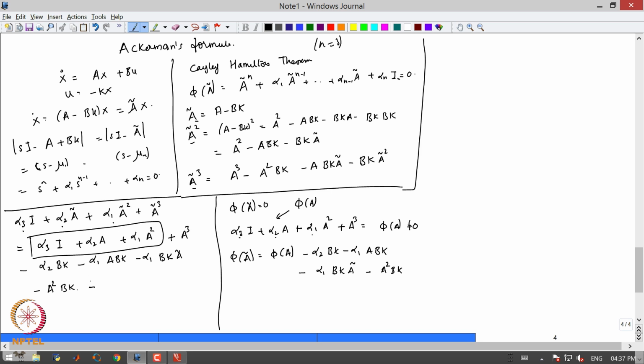This will have two more terms here, minus A bk A tilde minus bk A tilde square.